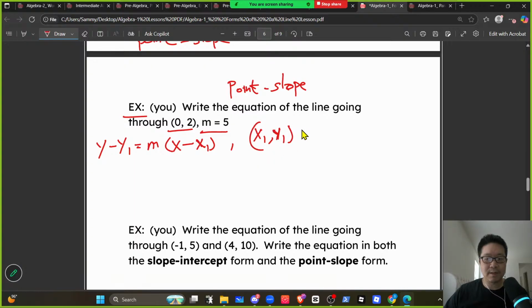Okay, so this is the point that you're given, and this is your slope. And as you keep doing these, you should be able to simply memorize it.